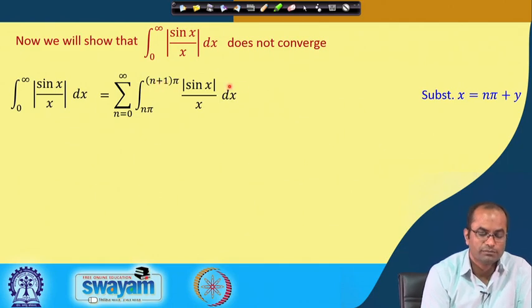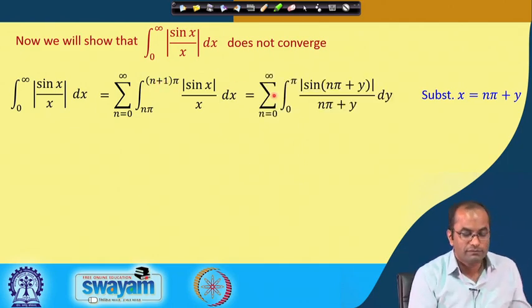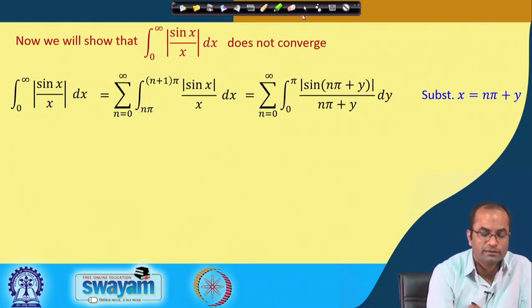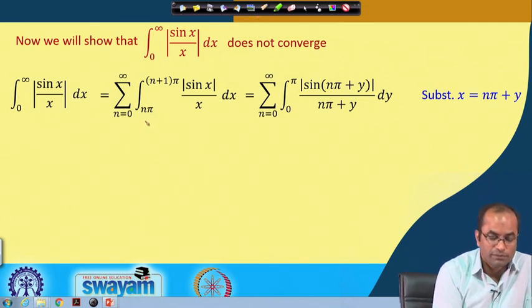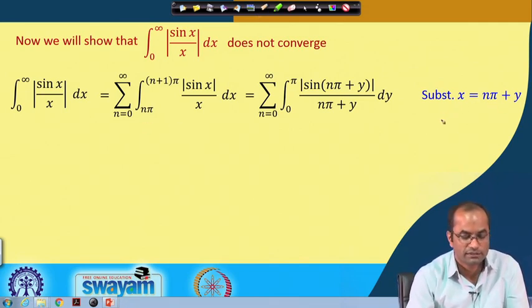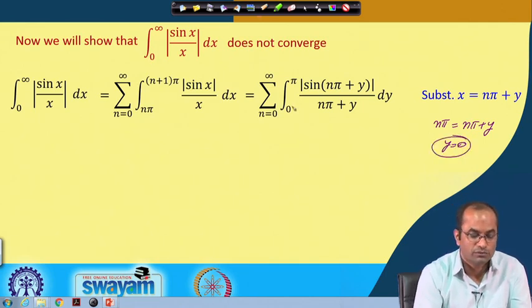When x was taking the lower value n pi, y will take the value 0, so the integral goes from 0.